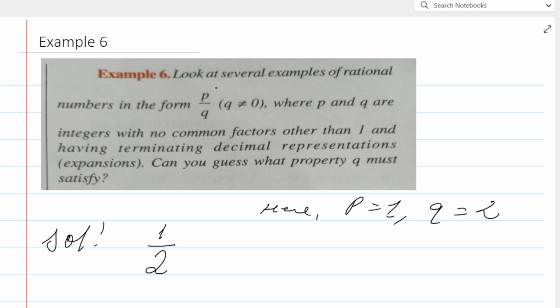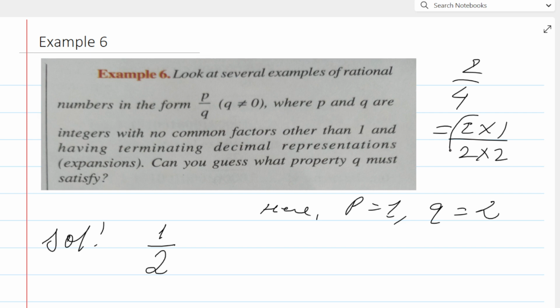So the first condition says you take a number in the form p by q, where p and q are integers. Yes, these two are integers, with no common factor. If I take 2 and 4, there are common factors: 2 into 1 for the numerator, and 4 I can write as 2 into 2.